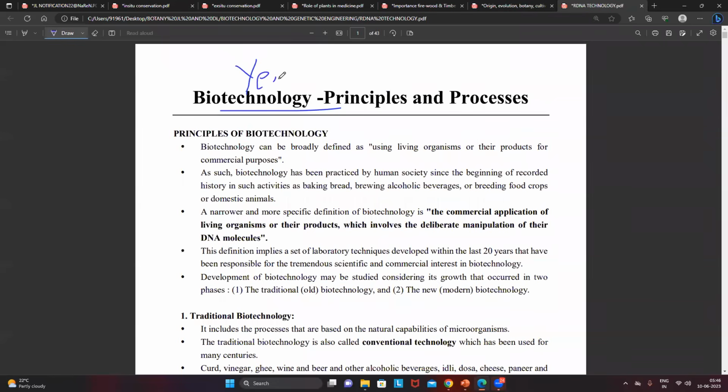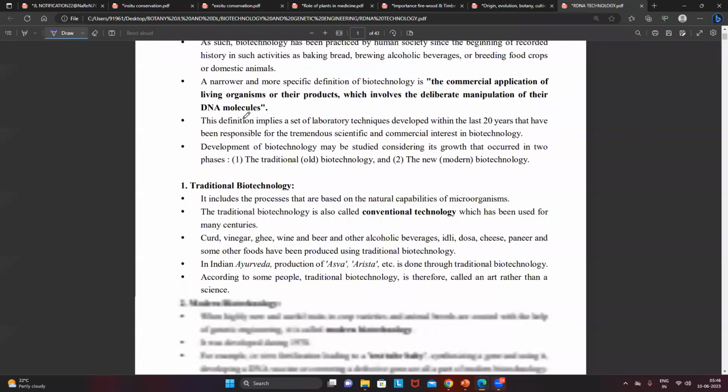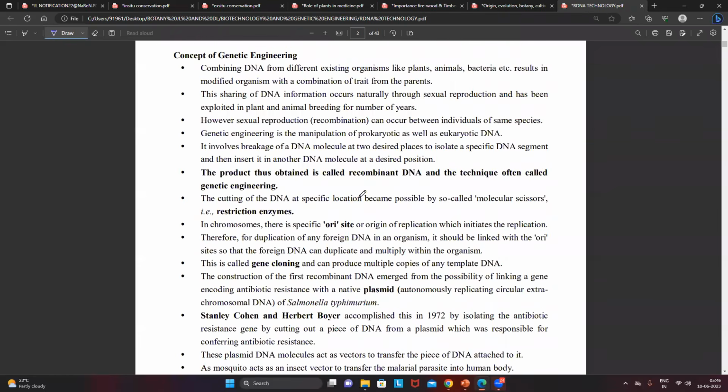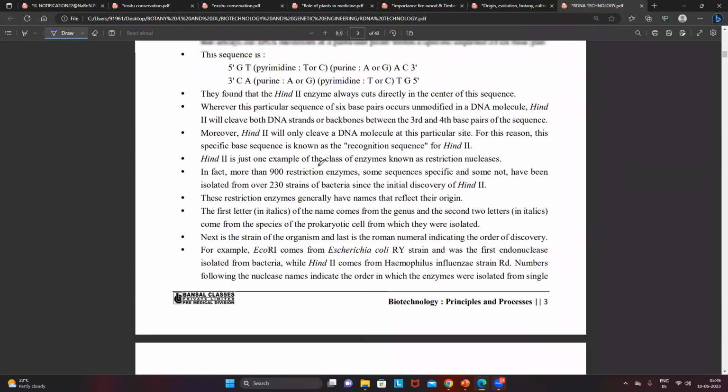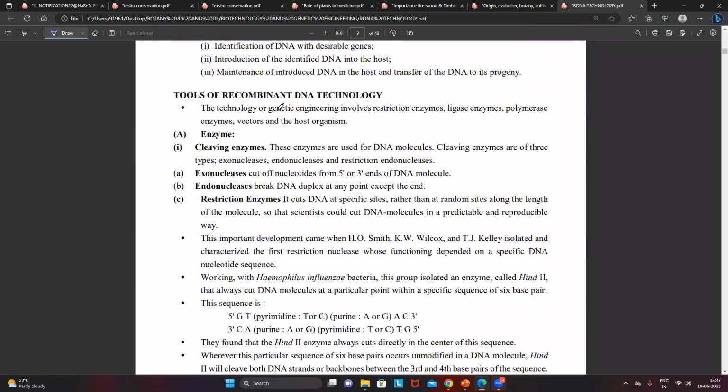You have to remember the years compulsorily. You have to remember the names of the scientists compulsorily, because you can expect at least one question from the scientists also. You need not worry. I have mentioned every scientist and every function performed by them. You only have to do that.